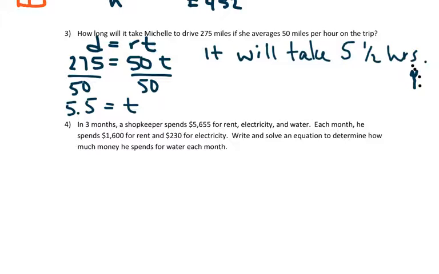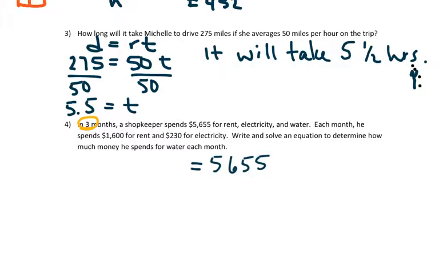So what you need to consider is that he is spending for 3 months a total of $5,655. So the total, and that's where we'll start, the total is $5,655. Then it says each month he spends $1,600 for rent and $230 for electricity, and we want to know how much he spends for water.